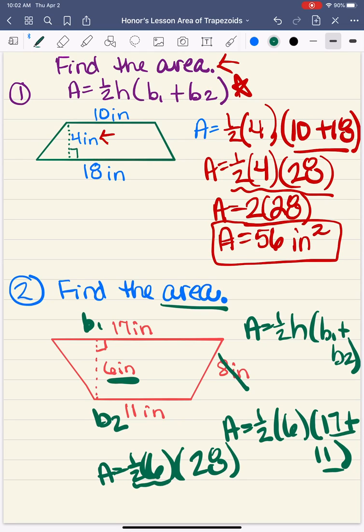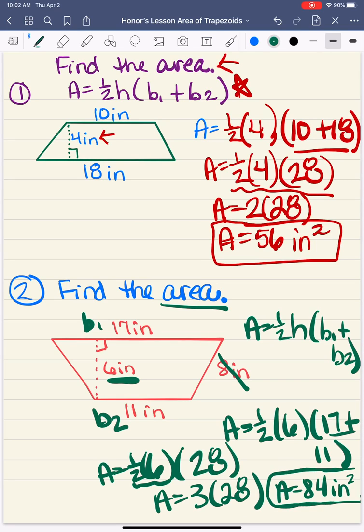Half of 6 is 3. And if you didn't get your calculator, you can go ahead and grab that. And that's going to give us 84. So 84 inches squared.